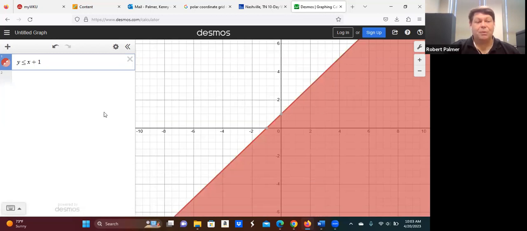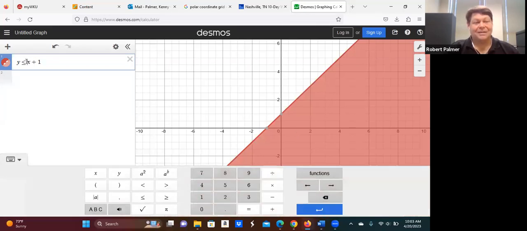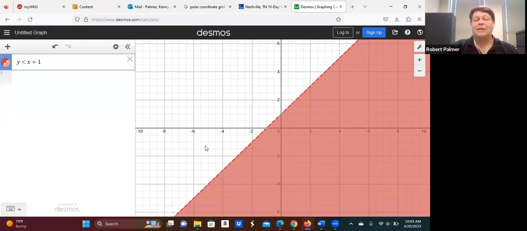Once again, the line is part of the solution since we have the "or equal to" part, and the solutions are the region below. And if I simply make this less than, then once again the line is not part of the solution since we don't have the "or equal to" part. So Desmos can do this for us as well, which is useful.